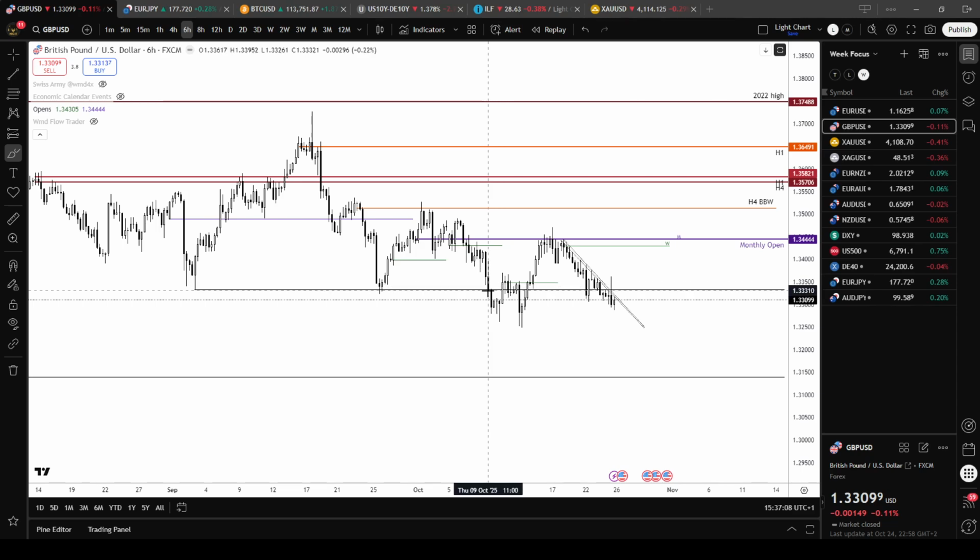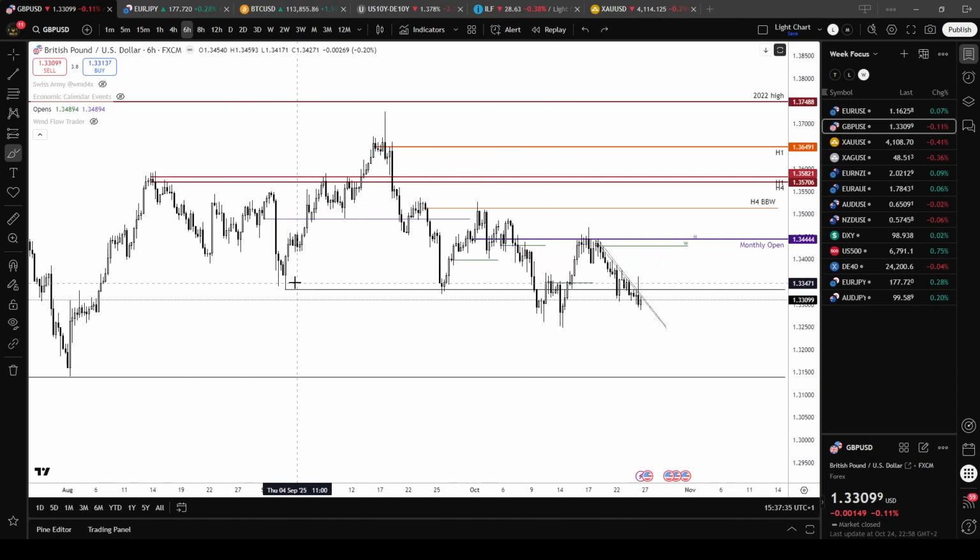Next time it did that, it came into that level. It was very choppy, and I think probably a lot of people got burned at these lows, honestly, expecting a textbook reaction like this one, but instead price just chopped people up and down until it traded higher.